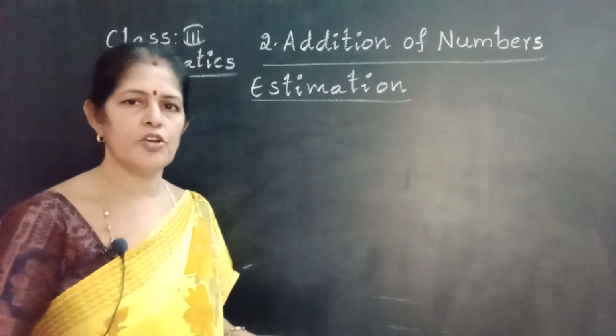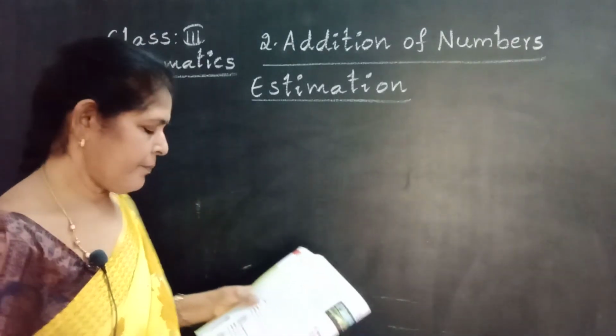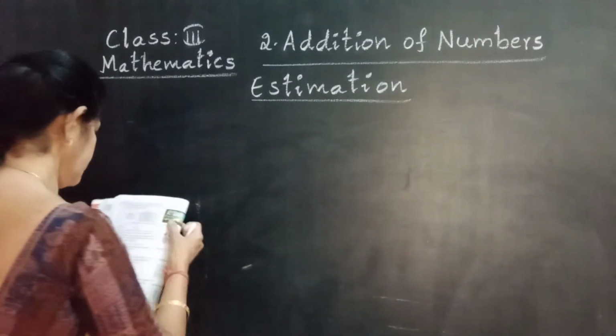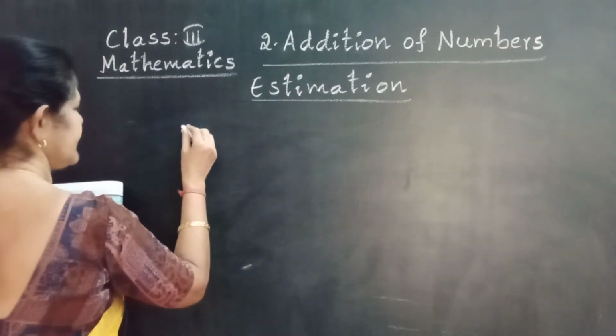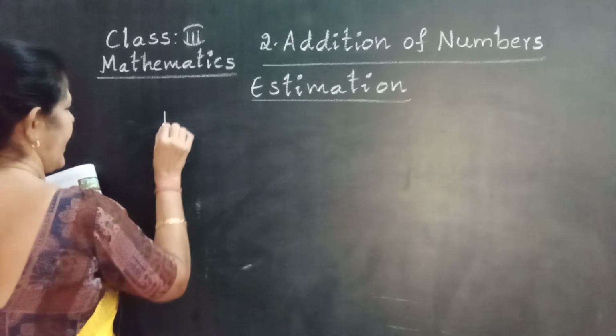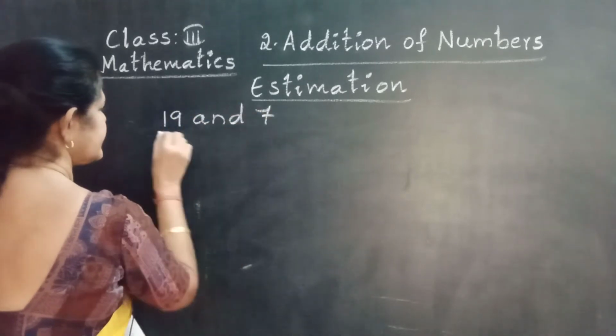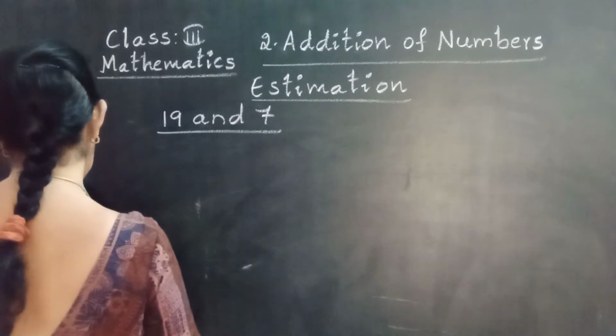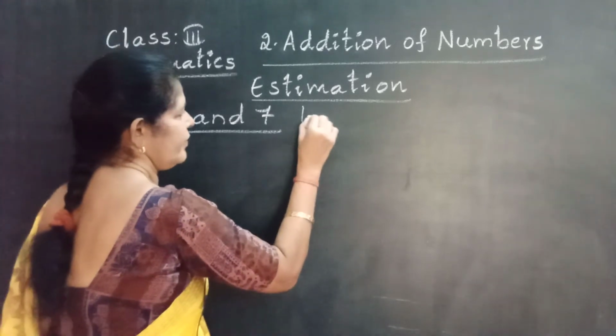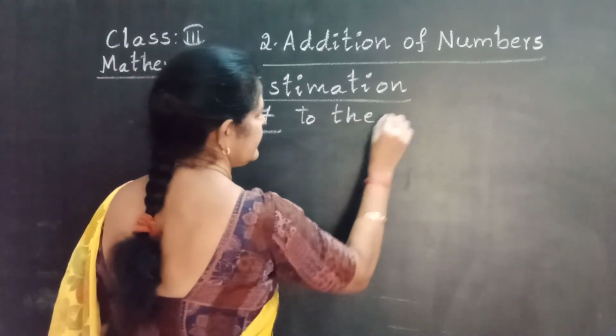First I am going to give an example problem. The given problem is: estimate the sum of 19 and 7 to the nearest 10.